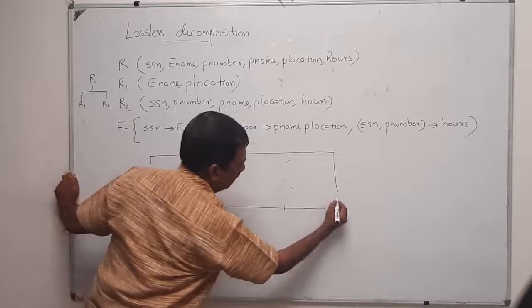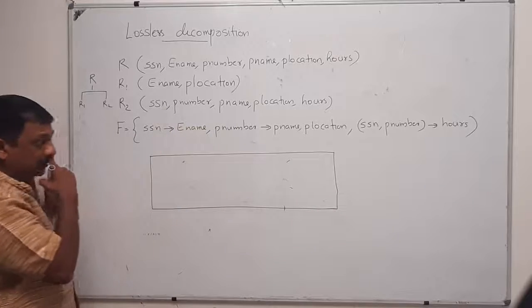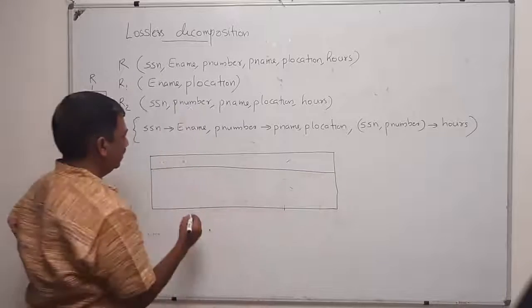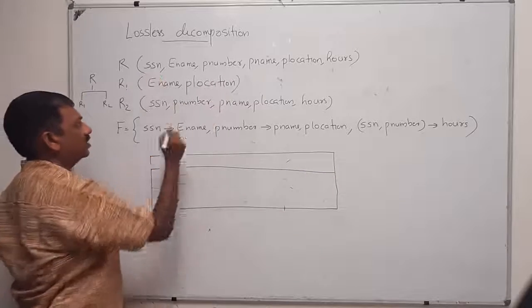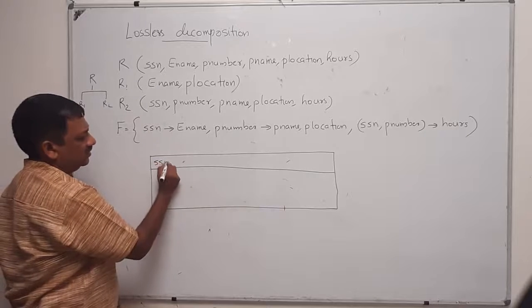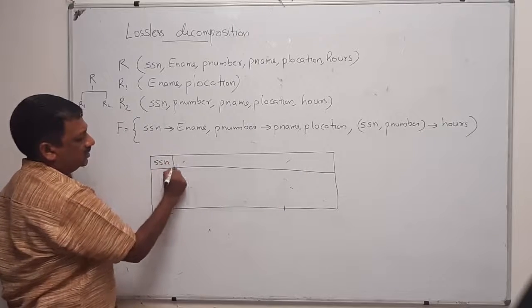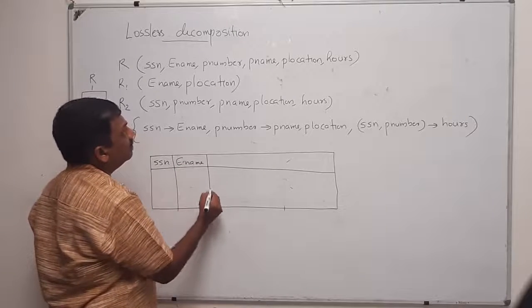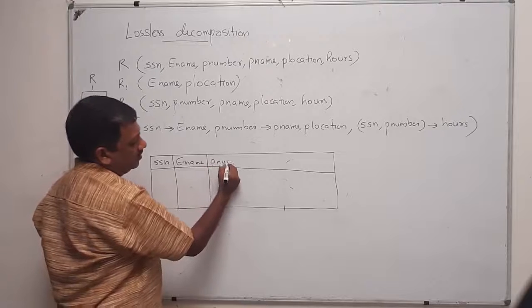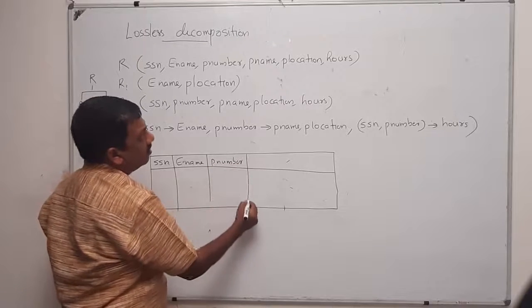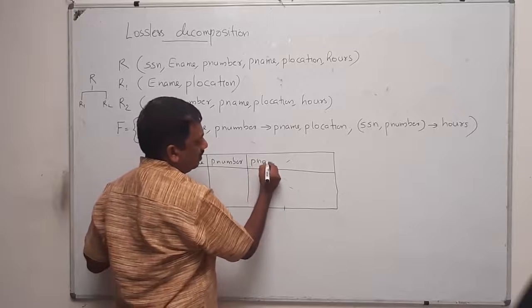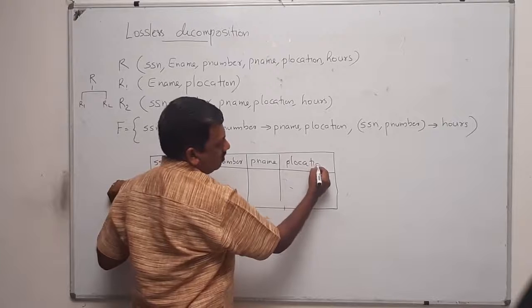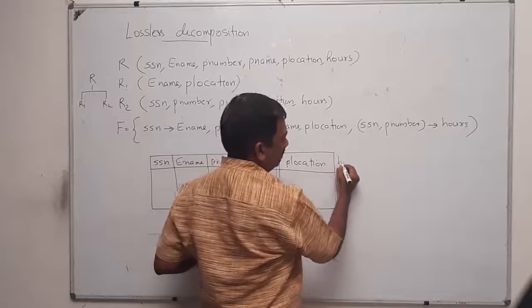You are going to have a table, and we are going to have all the attributes here: SSN, E name, P number, P name, P location, and finally hours.